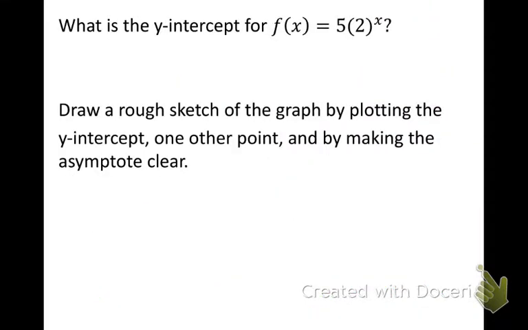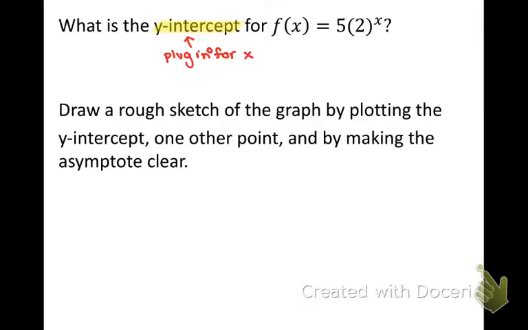All right, let's try one more graphing problem. This one's going to start out by asking me what is the y-intercept for f of x equals 5 times 2 to the x. Now, keep in mind, y-intercept, we have to write it as a point because it's an intercept. To find the y-intercept, we plug in 0 for x.